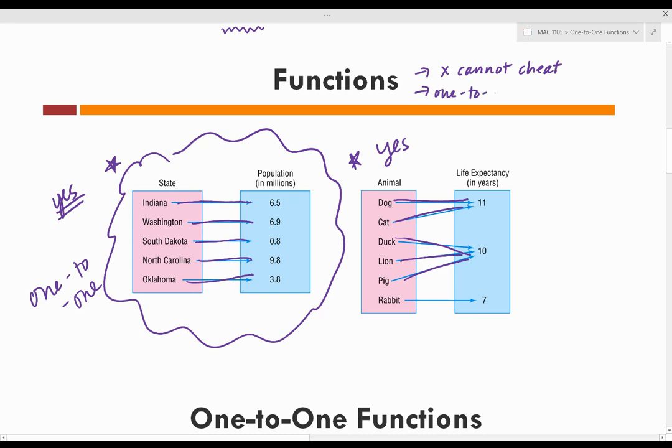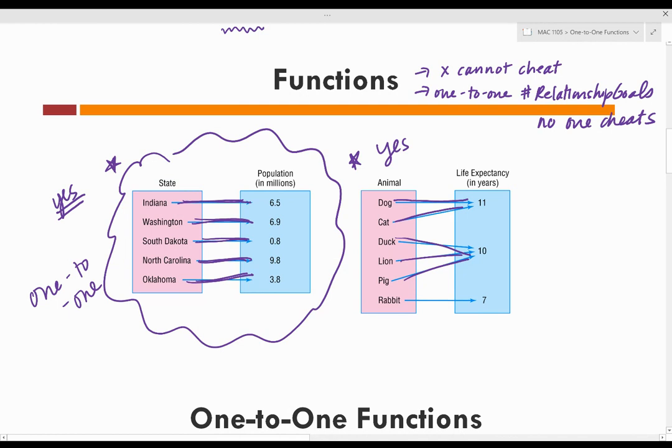So a one-to-one function, okay, is hashtag relationship goals, which means that no one's cheating, okay? Which means that my x values only go to one y value and all of my y values only go to one x value. So you should only see straight lines straight across, okay? There should be no overlapping, no double dipping, okay?